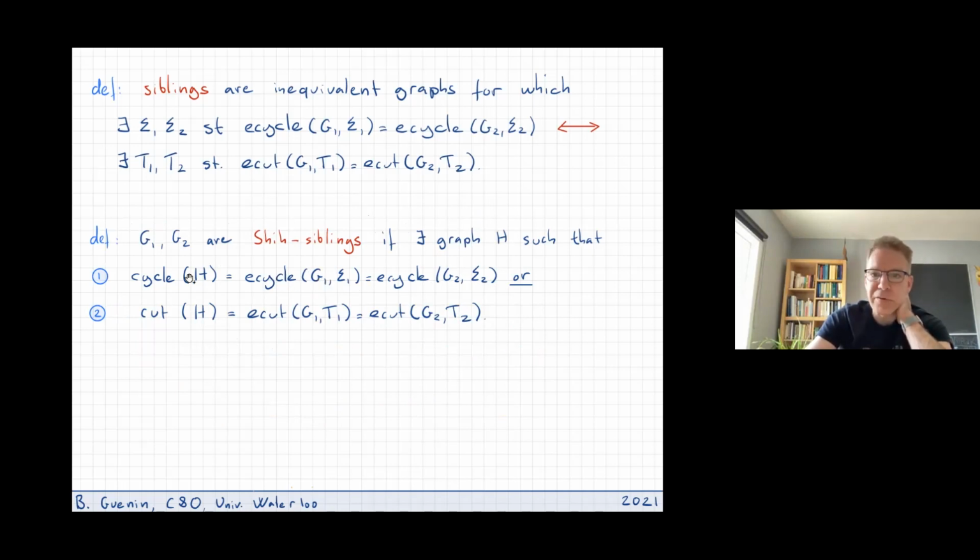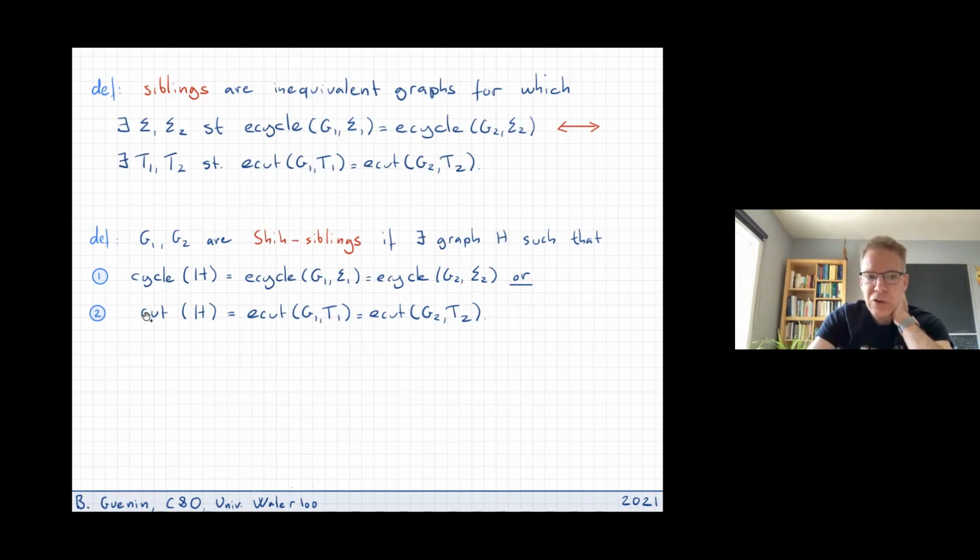Then it's also going to tell you the relationship between H and G2. So indirectly, it tells you the relationship between G1 and G2. So if I have this first situation, then I'm sort of happy. Shih's theorem is giving me a precise enough characterization of the relationship between G1 and G2.